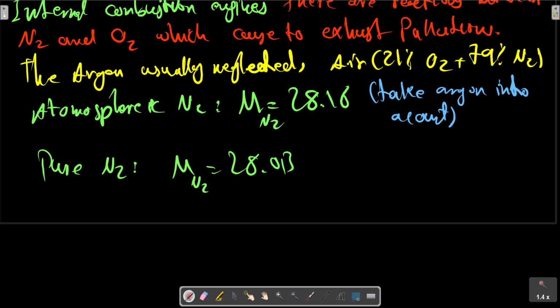The distinction will not be made in this text, and we will consider the 79% nitrogen to be pure nitrogen.